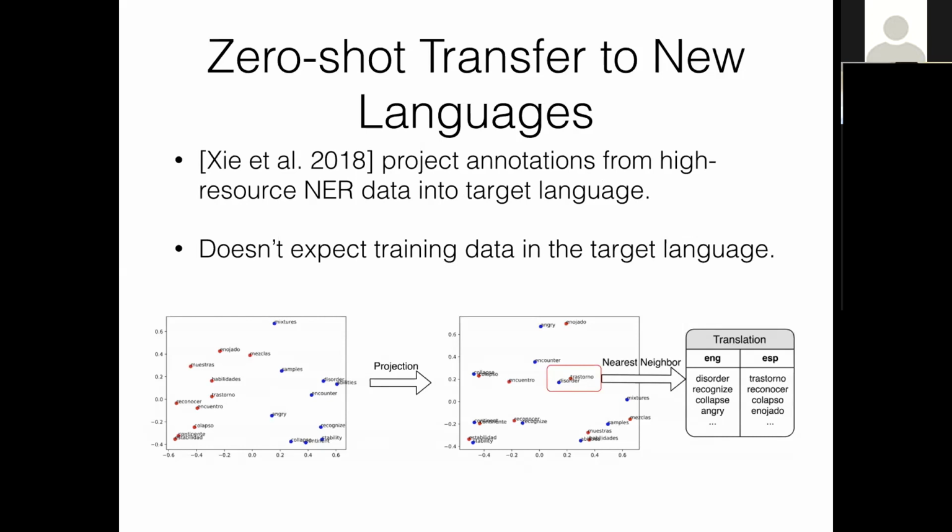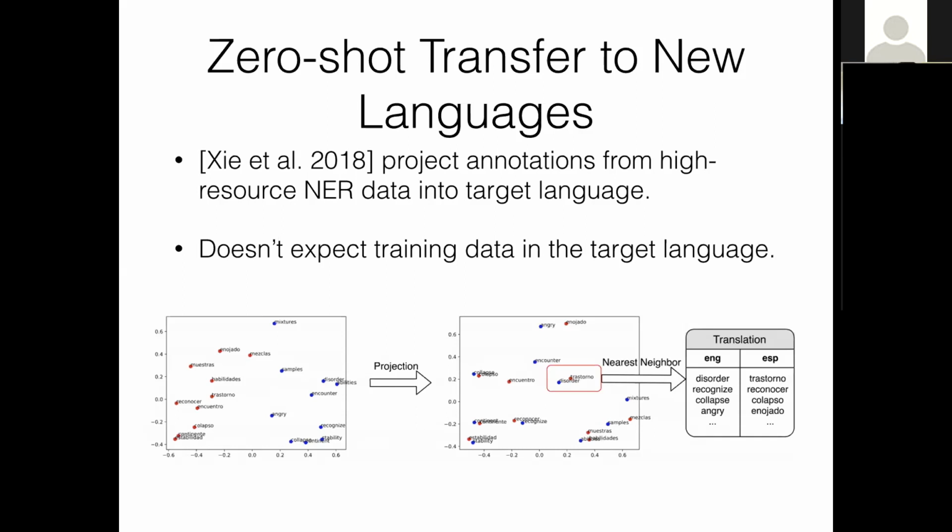So the authors first project these monolingual embeddings into a shared space so that similar words are now clustered together. And you have the English labeled NER dataset. For every labeled token in English, you find its nearest neighbor in this common space in Spanish. So you find the Spanish word which is closest to this English word, and you simply copy the label for that English token.